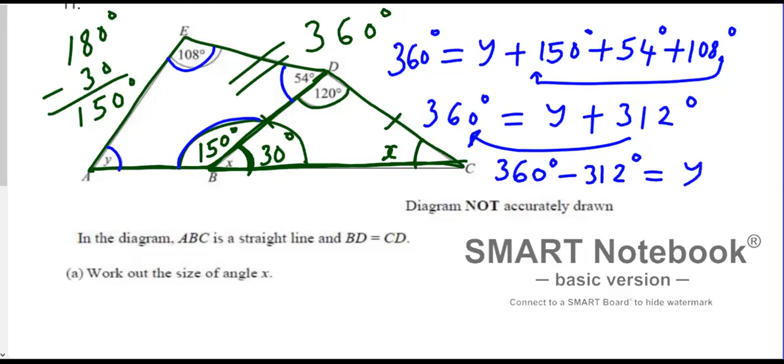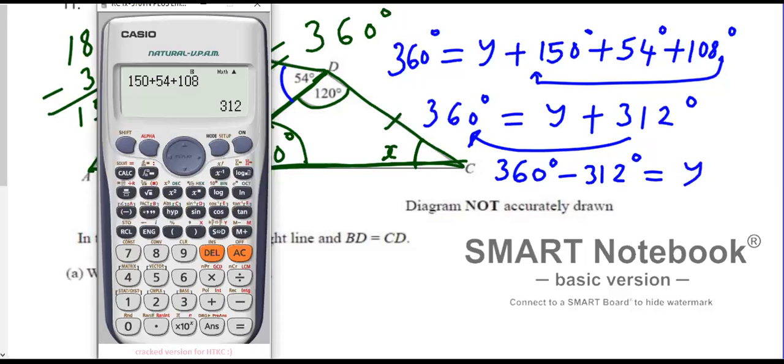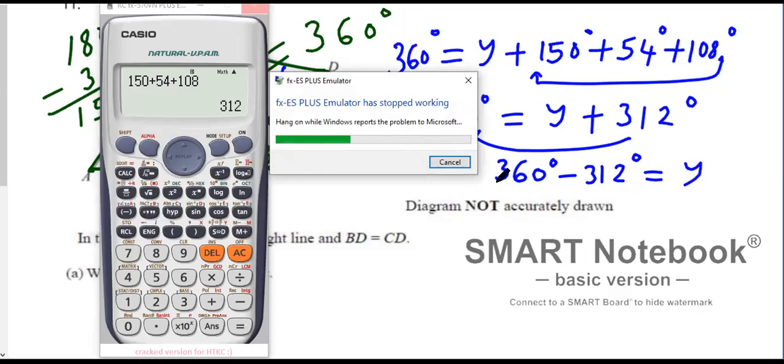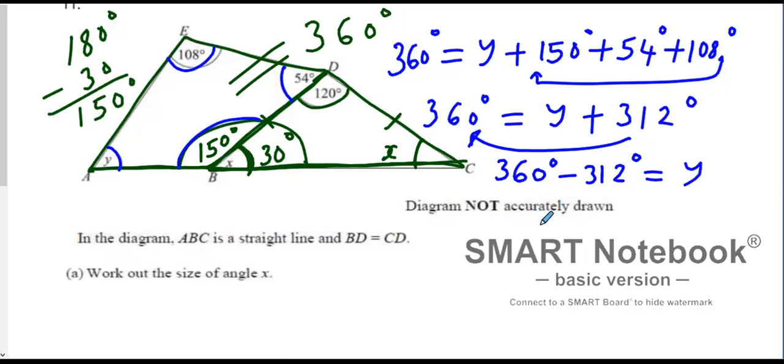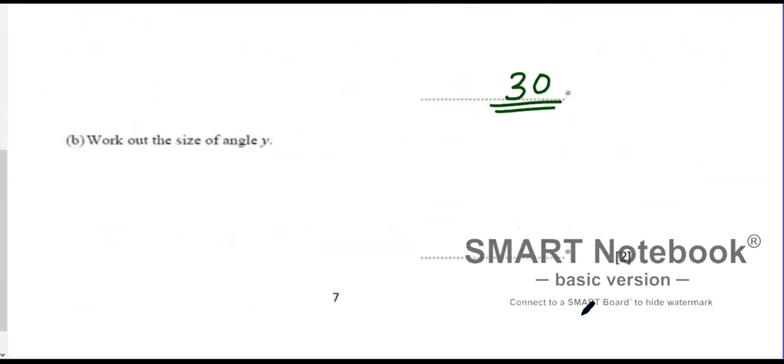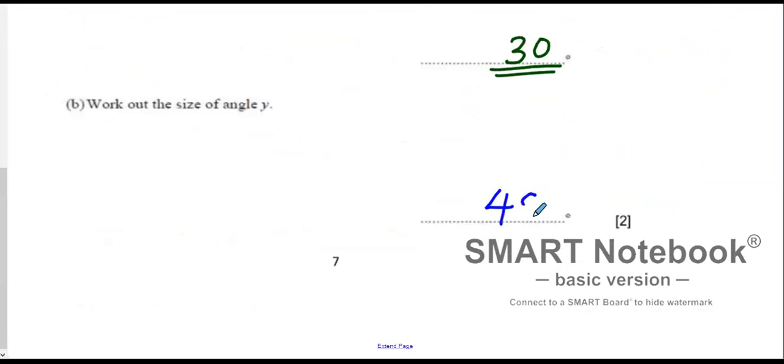When you take 360 minus 312, the answer is 48 degrees. So the value of Y equals 48 degrees. You write here 48 degrees.